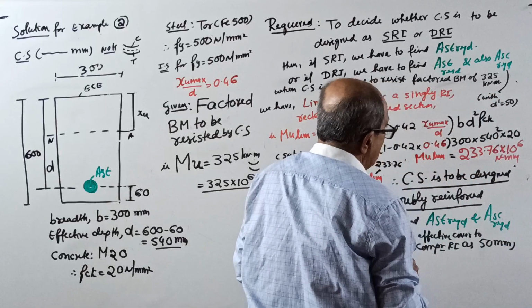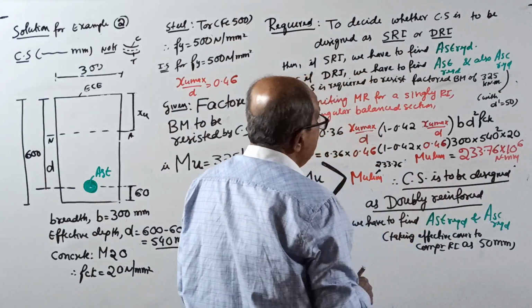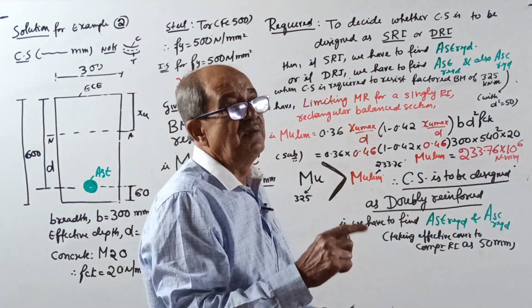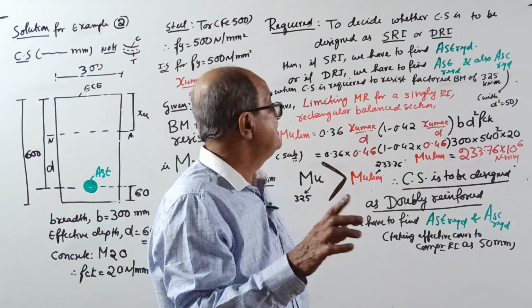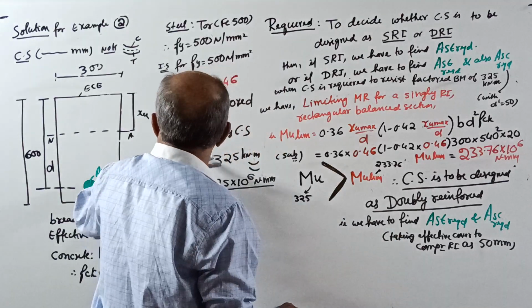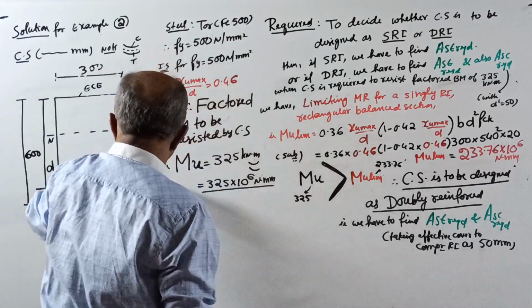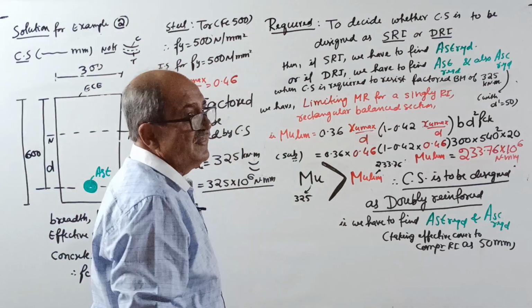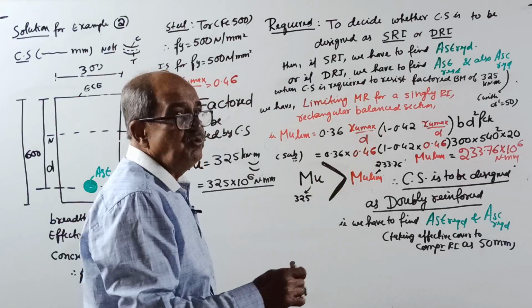Okay, for my reference, you cannot see it. Anything else required for me? One minute. Mu minus Mu limit, Asc, d minus d dash, singly. Okay, nothing else required. I wrote fy, over, B, D, over. That's all. Nothing required.